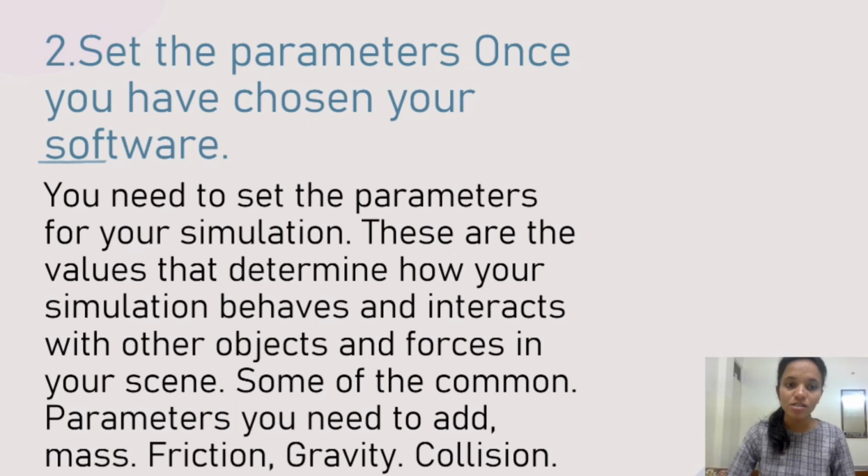Once you have chosen your software, you need to set the parameters for your simulation. These are the values that determine how your simulation behaves and interacts with other objects and forces in your scene. Some of the common parameters you need to add are mass, friction, gravity and collision.